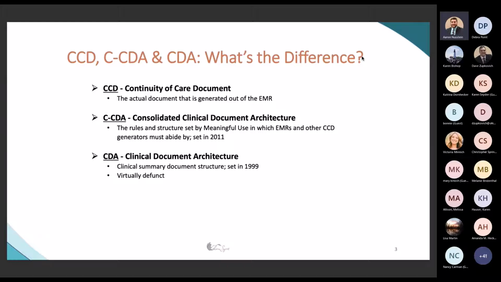But due to a lot of the protocols and measures that have been set out by various organizations, you're not going to see CDA a whole lot. But we do create a CDA document for our on-demand, but I can kind of get into that a little bit later. Go to the next slide.